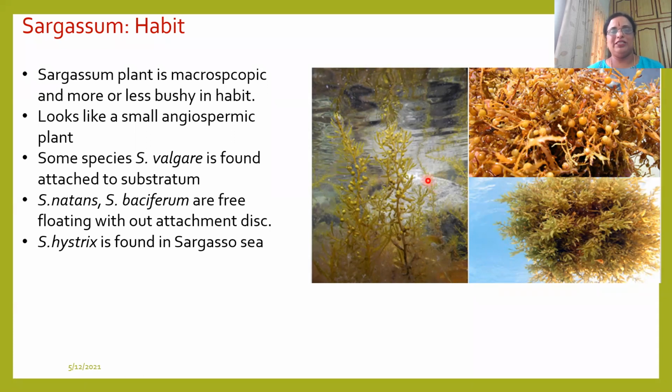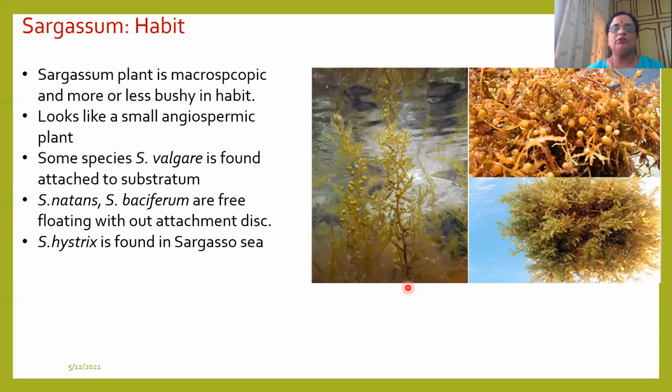If it is an attached form, you can distinguish it as a shoot system, and this shoot is attached to the substratum with the help of an attachment disc. You never find root-like structures or rhizoids.